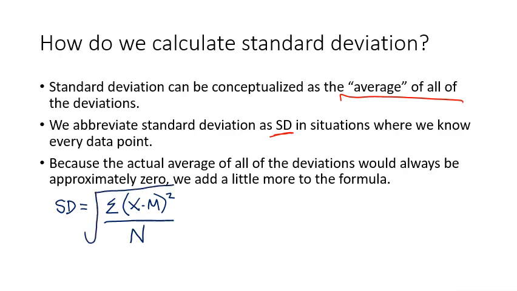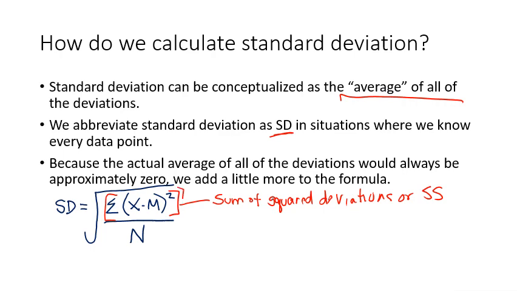Now, this part of the formula, right here, the sum of all the squared deviations, we're going to call the sum of squared deviations, or SS for sum of squares.